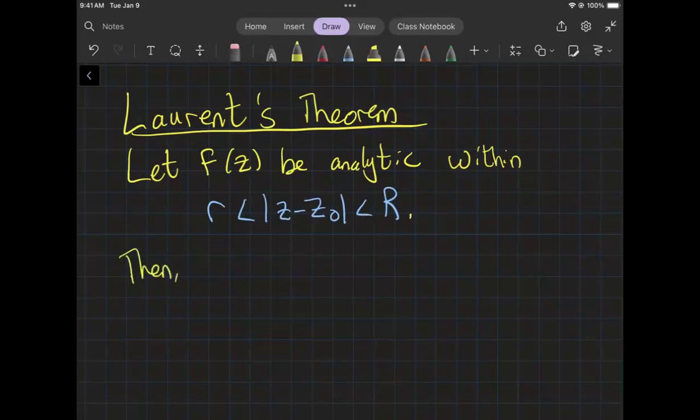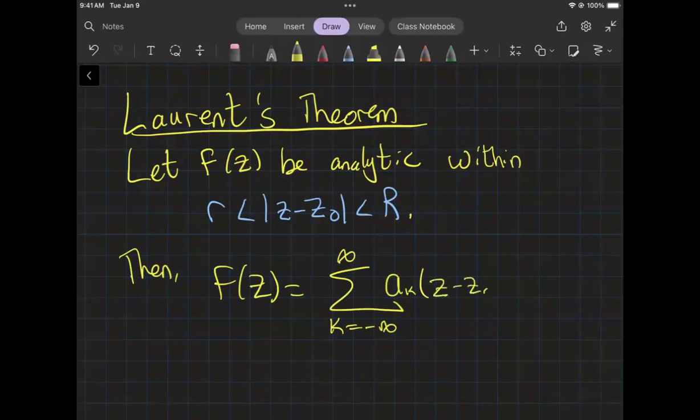Then f of z equals a Laurent series, and this is valid along this annular domain.